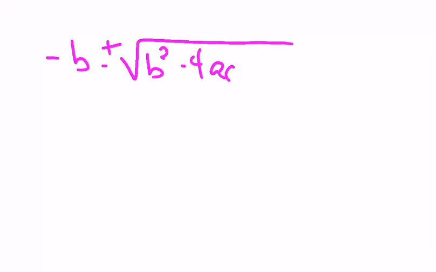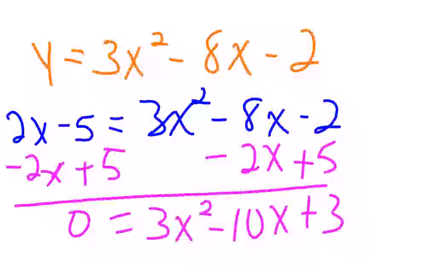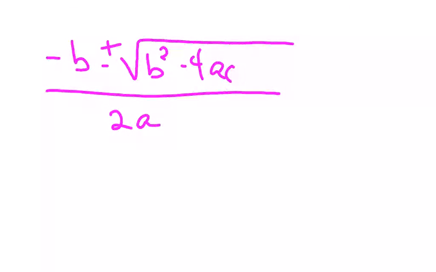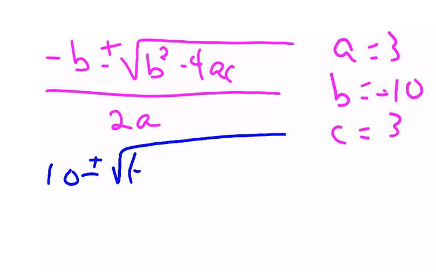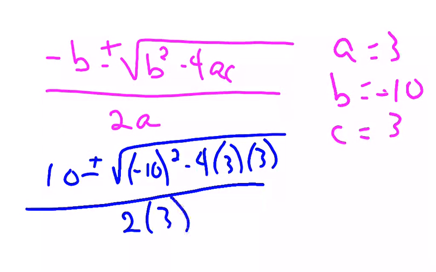So at this point, let's use the quadratic formula to figure out this solution. So remember, that's -b plus or minus the square root, b squared minus 4ac all over 2a. And in our case, a is 3, b is -10, and c is 3. Alright, so we have -10 becomes +10, plus or minus the square root of -10 squared minus 4 times 3 times 3 all over 2 times 3.